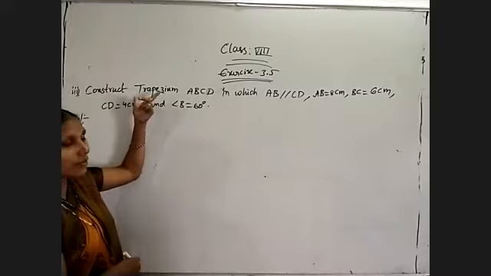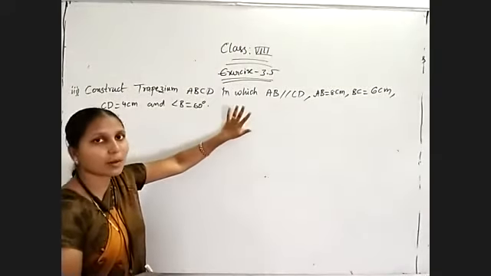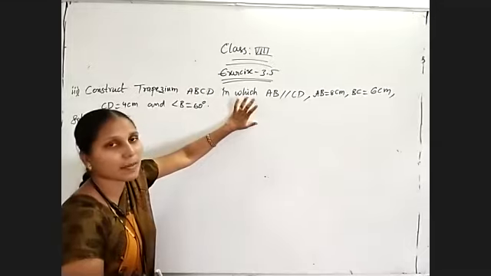Quadrilateral, trapezium. So in the trapezium, parallel lines are also mentioned. From that we can get the other measurement we need. Only one angle is given, one more angle we want. Which angle? One more angle we can get with this condition, AB is parallel to CD.